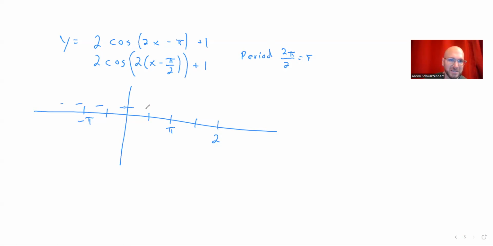Midline is 1. Top and bottom are up and down 2 because the amplitude is 2. Start at pi over 2. Cosine starts up. I need to finish 1 pi later. That's 3 pi over 2, which means I need these subdivisions.